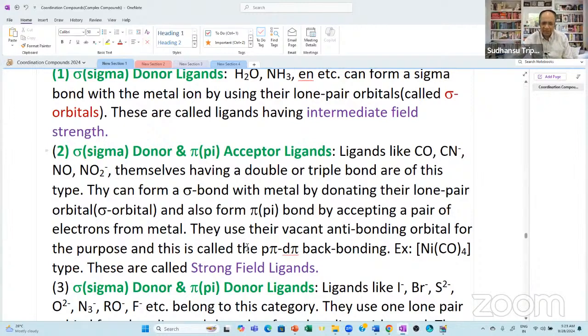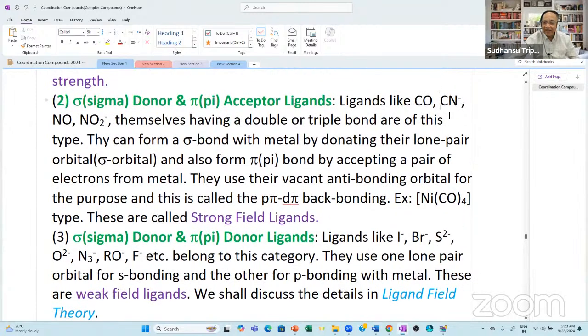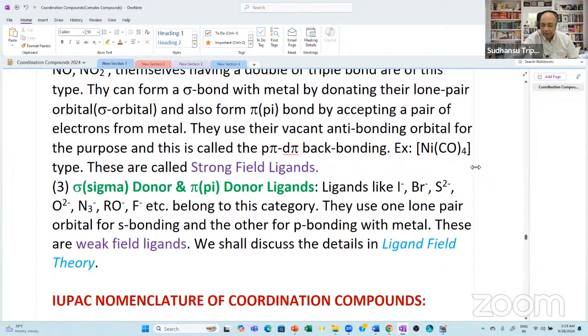Don't worry about it. The third type is called sigma donor and pi donor. No question of acceptor. Carbon monoxide, cyanide ion, they accept by pi mode, but these ligands go for sigma bonding and also pi bonding, and in both they act as donors.